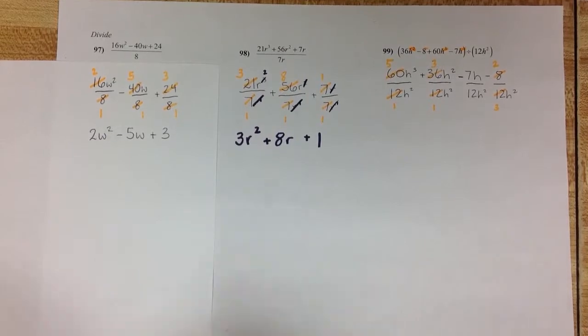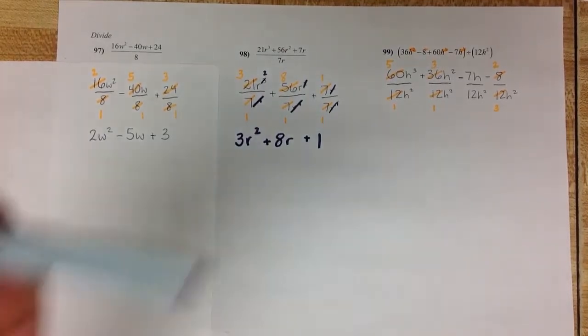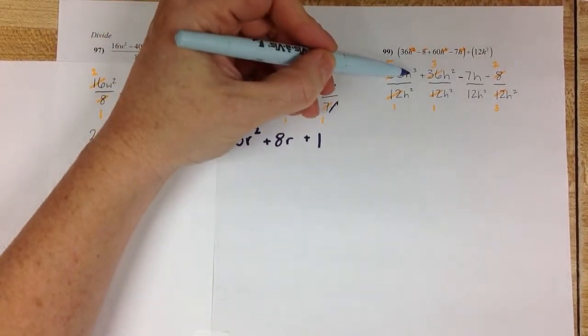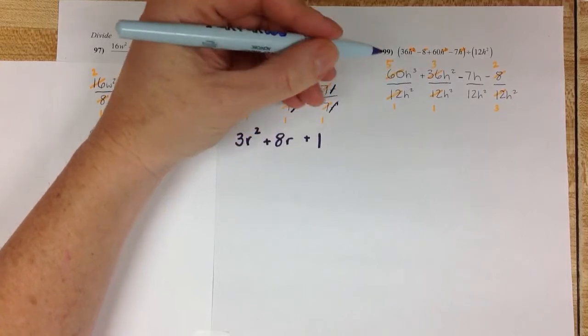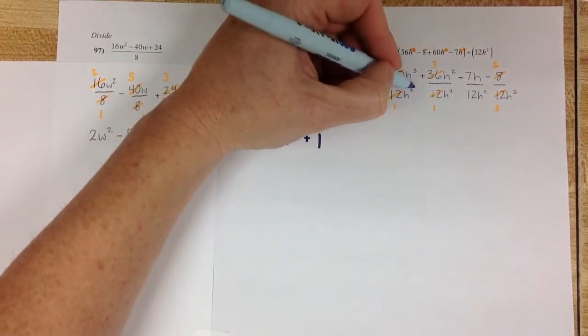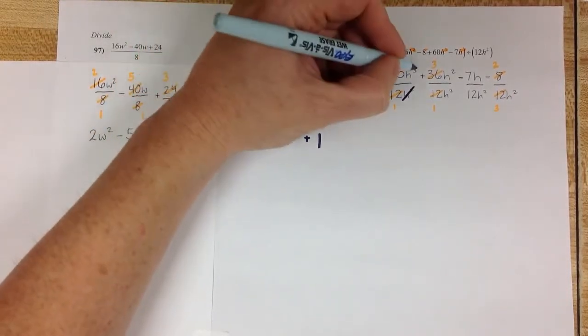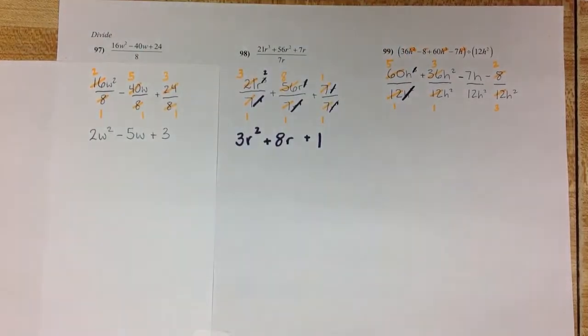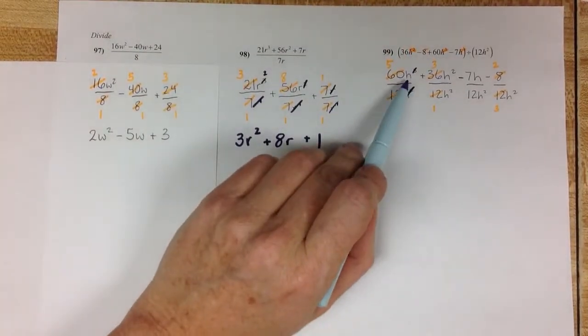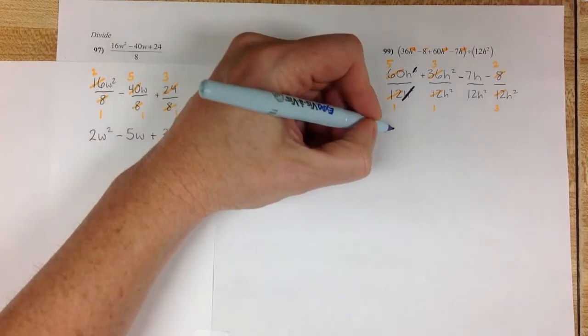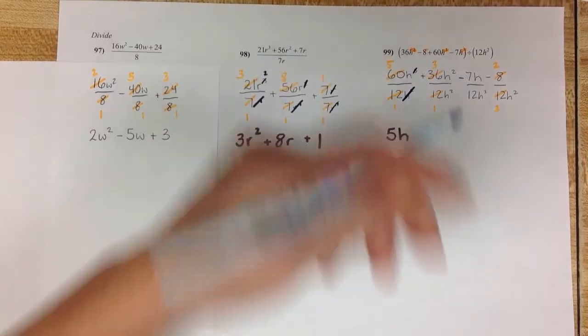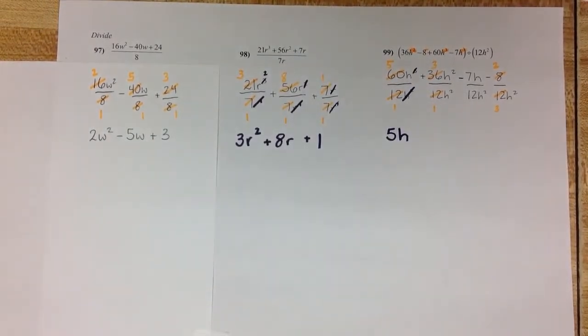Now the h's here get just a little trickier. Here we have 3 on the top and 2 on the bottom, so 3 minus 2 is going to have all the h's on the bottom disappearing and 2 of the h's on top disappearing, leaving us with just a single h. So my first term becomes 5h.